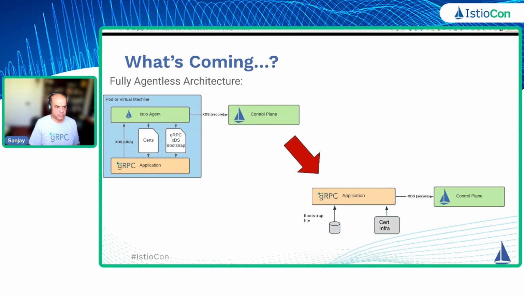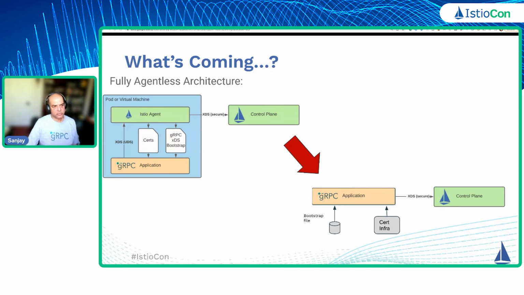Because of its XDS proxy role, gRPC does not need to communicate with the Istio control plane directly, nor does it need to provide any control plane credentials. Note that the Istio agent is the same agent used with Envoy. gRPC communicates with the Istio agent over a Unix domain socket, which is considered a local and secure connection.